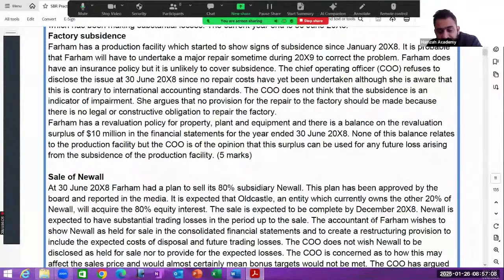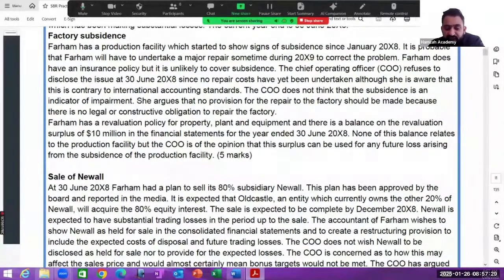But here, the 10 million revaluation reserve does not relate to this production facility. That 10 million relates to some other asset. So the loss of this production facility cannot be adjusted against the revaluation surplus of 10 million, which relates to some other asset. So in this regard, the chief operating officer's opinion is not a correct opinion. Got it?